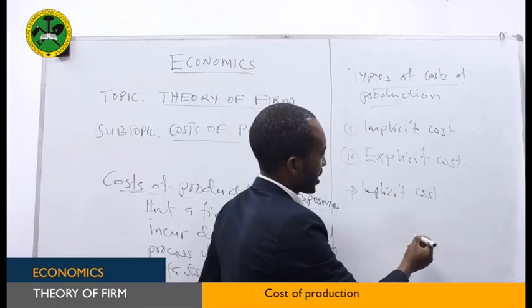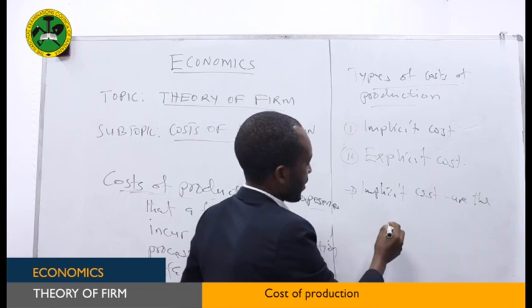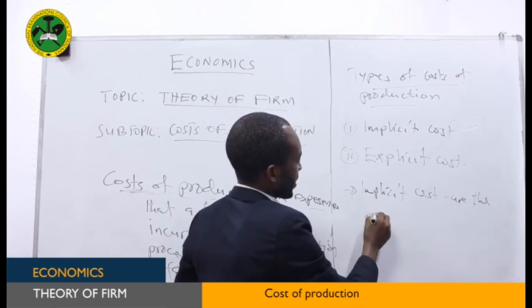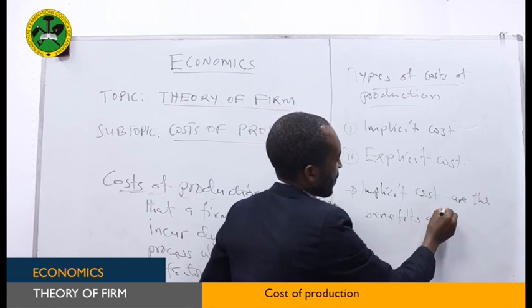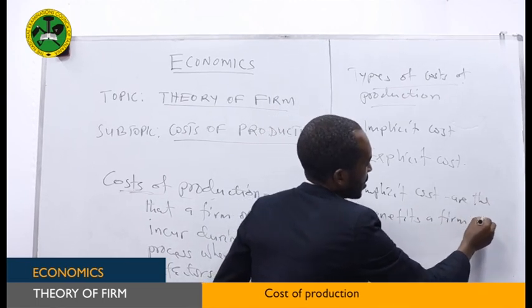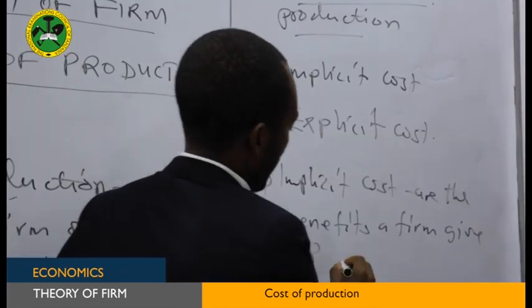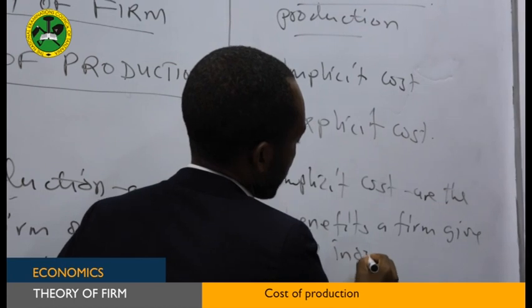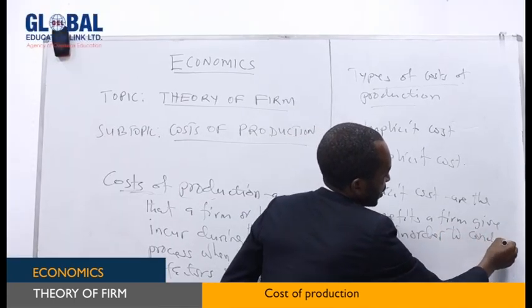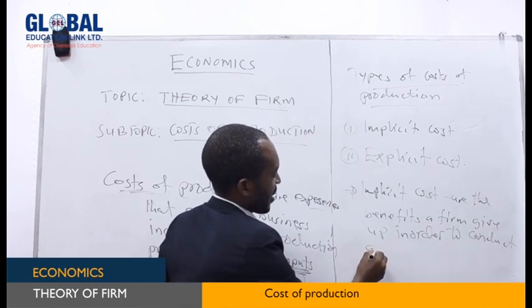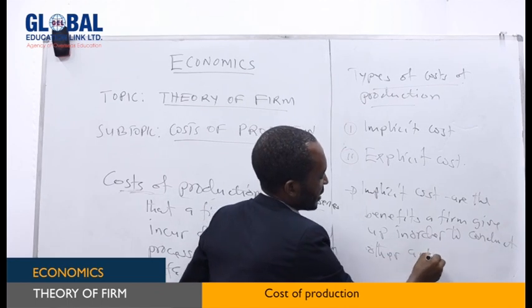So implicit costs are the benefits a firm gives up in order to conduct other activity.